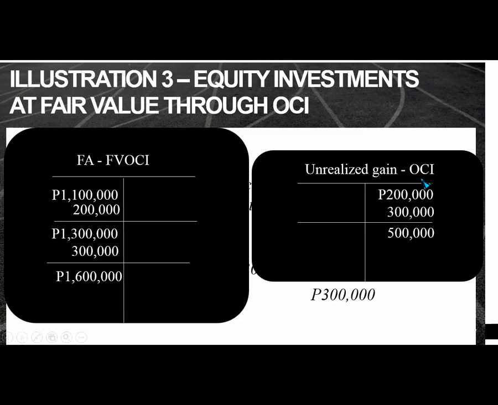Pero pag sinabi niya na how much will be the balance na i-report doon sa statement of changes in owner's equity or statement of changes in shareholders' equity, then your answer would be 500,000. So, yun yung mag-a-appear doon sa iyong equity section. Yung cumulative na balanse. Okay, so let's proceed.